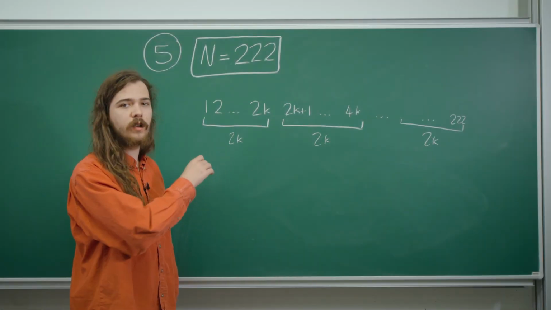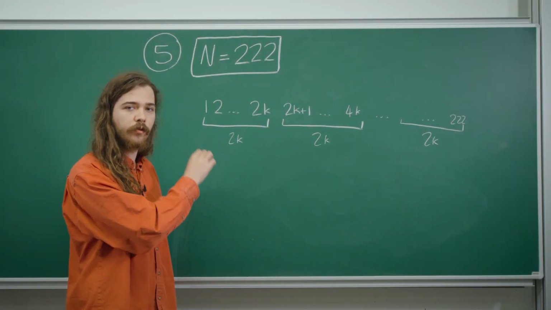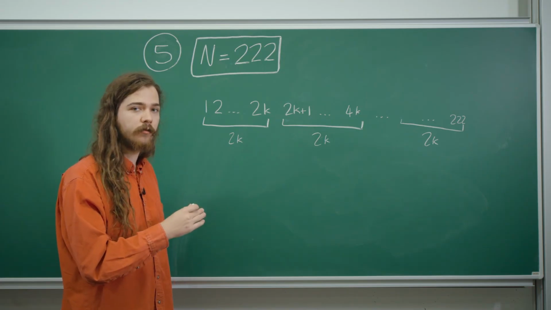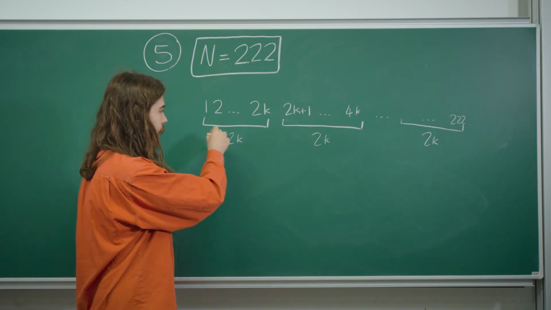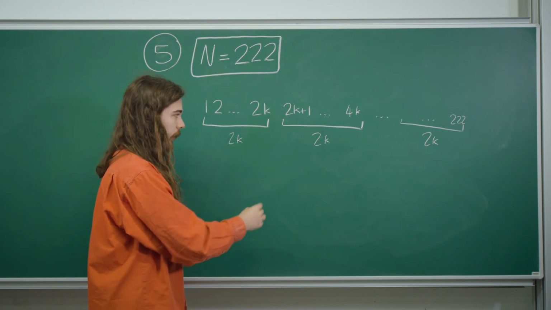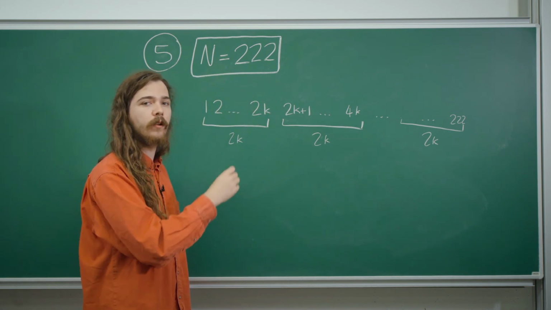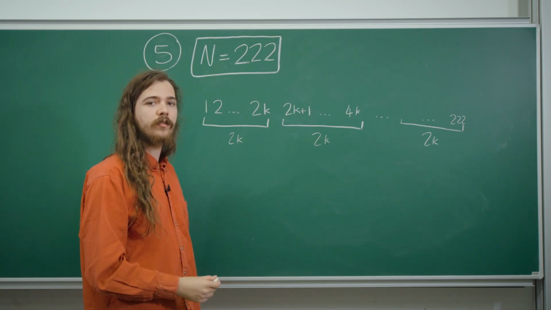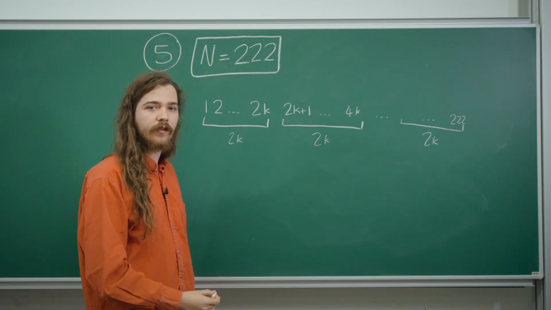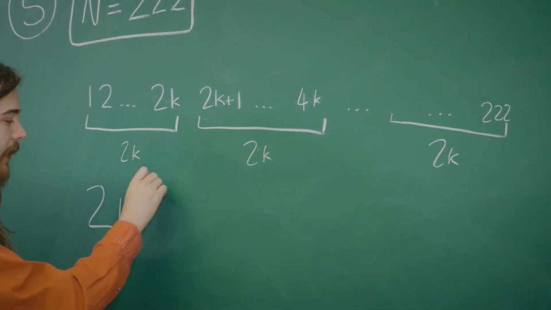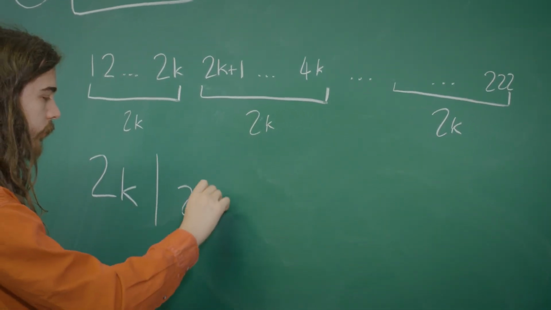Now we know that if we are going to pair the numbers from 1 to 222 up into pairs with the same difference, then we will have to pair the first 2k up, and then the next 2k, and so on, until we pair up the last 2k at the end. This means that it will only be possible to do this if 2k is a factor of 222.